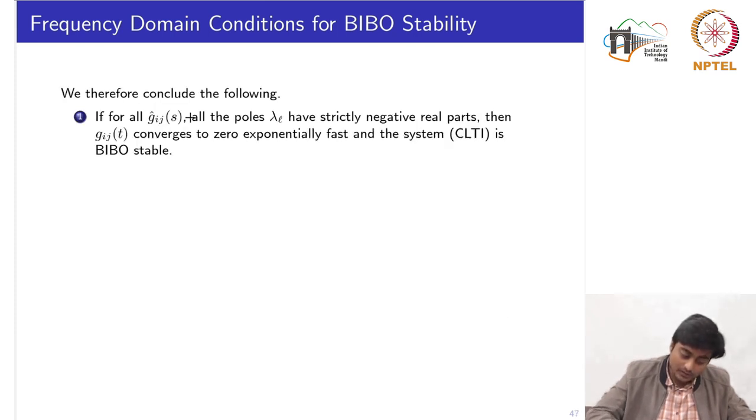So we therefore conclude the following. If for all Gij of s, all the poles lambda l have strictly negative real parts, then Gij of t converges to 0 exponentially fast, and the system CLTI is BIBO stable. Because first of all, we have already seen that the definitions of exponential stability and asymptotic stability for the LTI system basically remain the same.